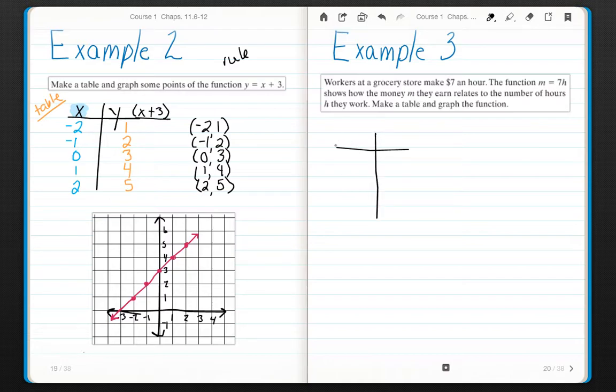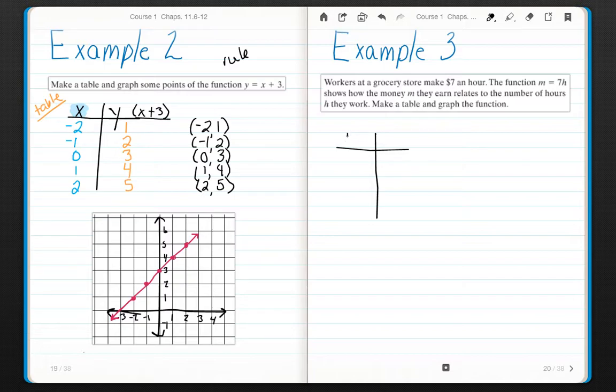So money they earn relates to how many hours they work. So I need to identify my independent variable. Well, if I look back at example 2, we have y equals x plus 3. Here we have m equals 7 times h. M is going to be my output. The money I earn depends on how many hours I work.